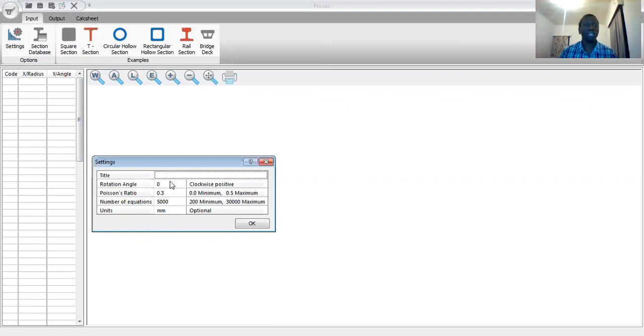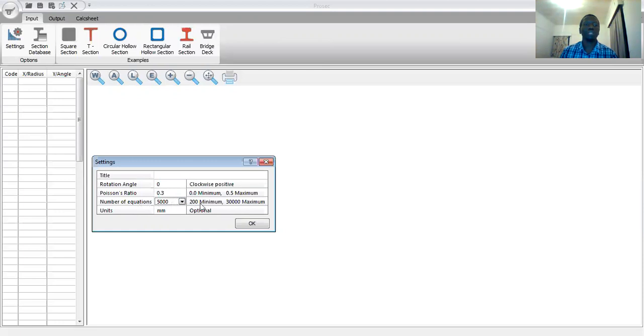You can specify a title, you can specify a rotation angle of your polygon. The Poisson's ratio is the ratio of translation in the X and Y direction. At this stage, for beginners who are interested in determining just the section properties of a polygon, that's not so important.